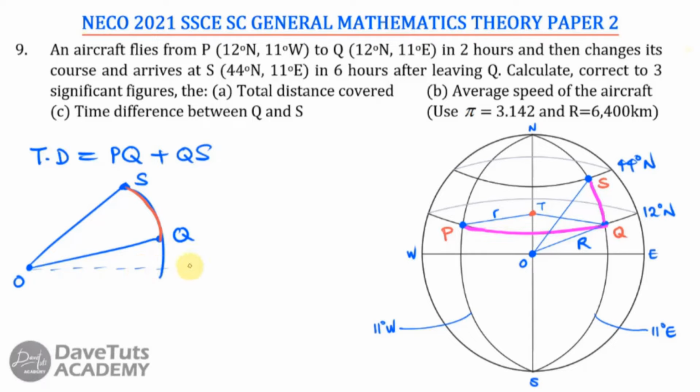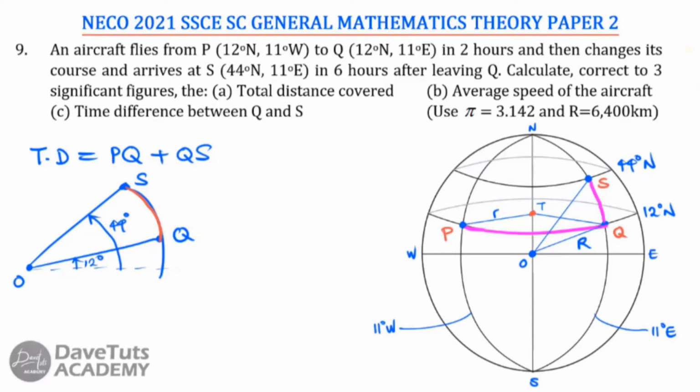Now, from the center of the globe to point Q, we need to measure that angle as the parallel of latitude. This was given as 12 degrees, okay? But then from that center also to S, we have 44 degrees.